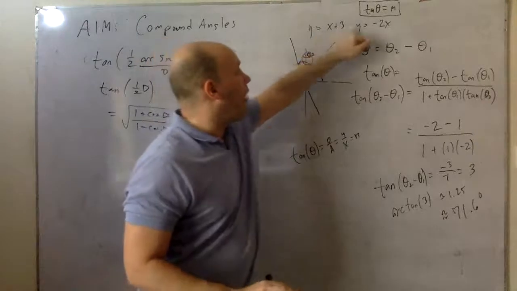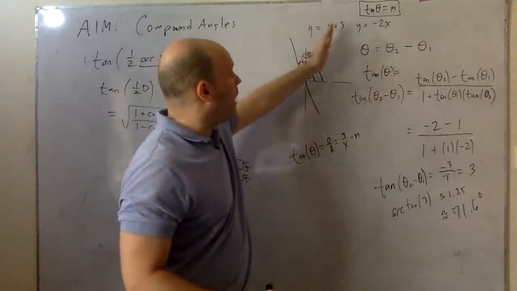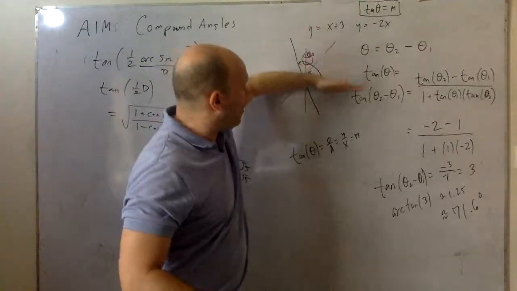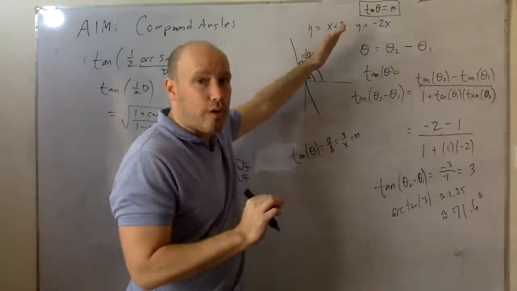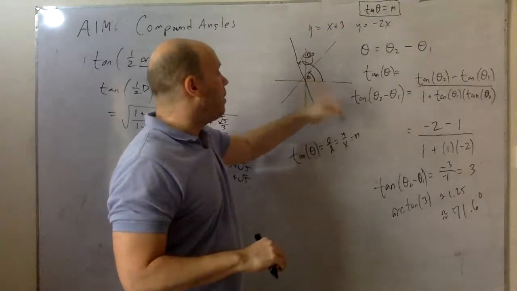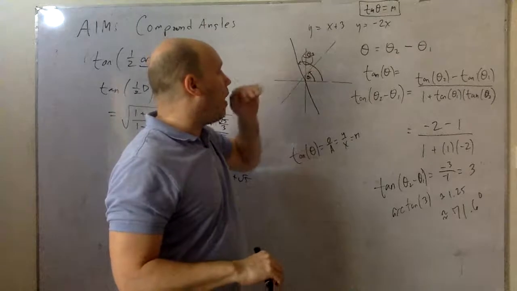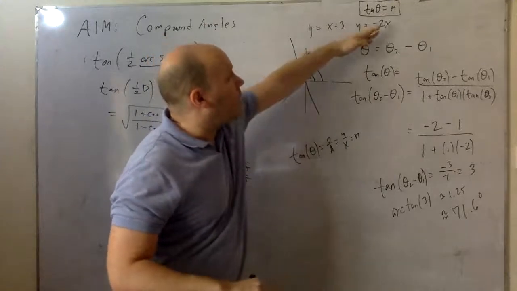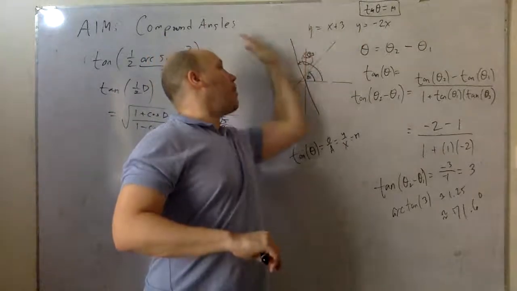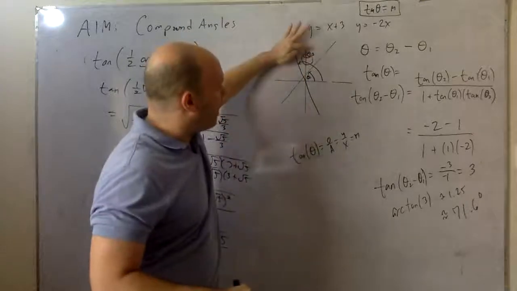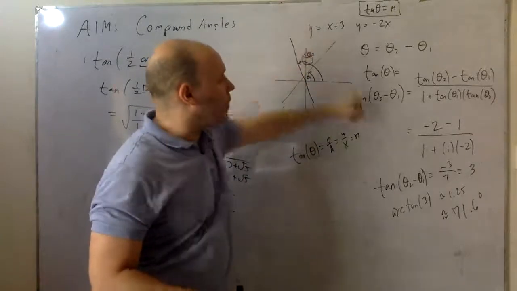Once again, we have two lines. y equals x plus 3 started out here and rotated; we know it's 45 degrees. And we know that y equals negative 2x started here and rotated a certain amount. The question is, what is the angle between these two lines?